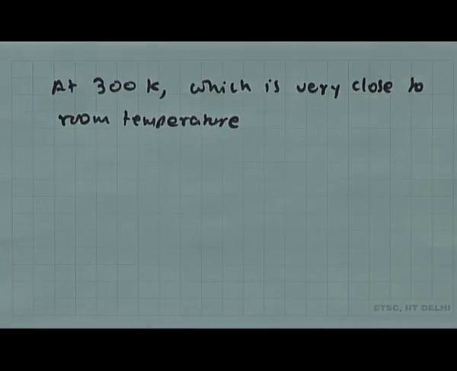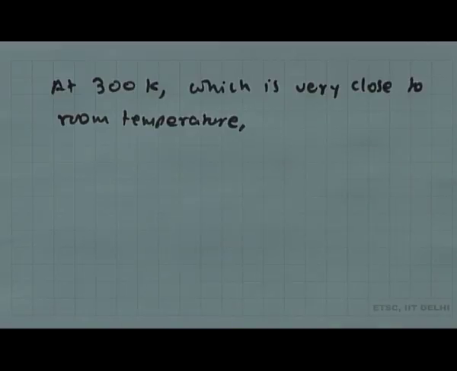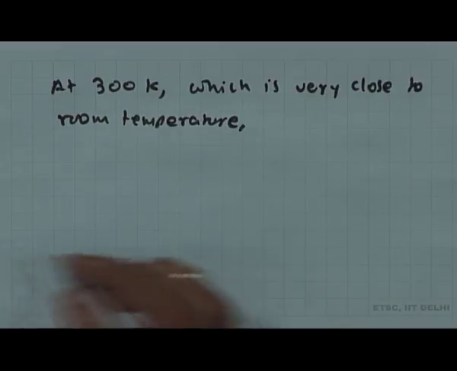So when we say room temperature, we are saying 300 minus 273, which is about 27 degrees Celsius. Okay, at 300 Kelvin, which is very close to room temperature, that is the traditional room temperature that we take.